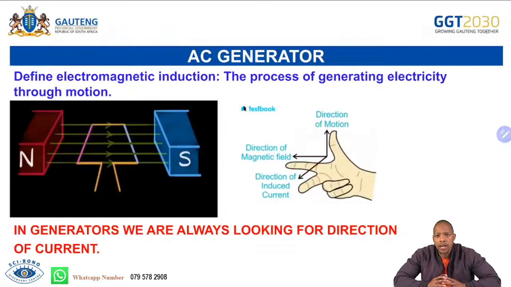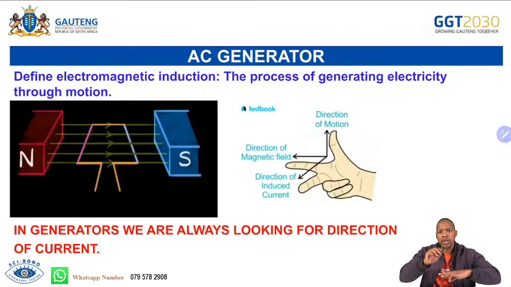And how does this happen? This happens when you have a conductor and a magnetic field, and the conductor is moving relative to the magnetic field, actually cutting the magnetic field perpendicular or at some angle greater than 0. So when the conductor cuts the magnetic field, electricity is generated.